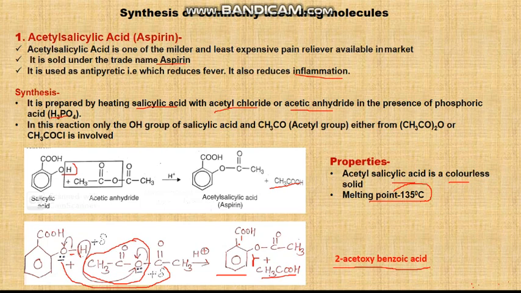So 2-acetoxy, because this group CH3COO is known as acetoxy. 2-acetoxy, and this whole group, the carboxyl group with the benzene ring, this is known as a benzoic acid. So therefore this is known as a 2-acetoxy benzoic acid.